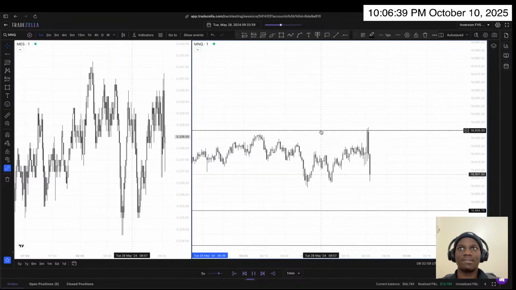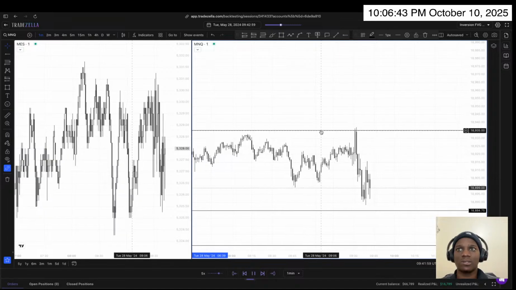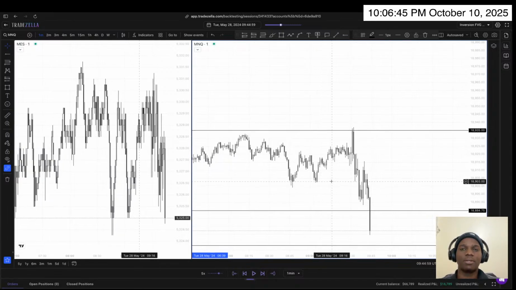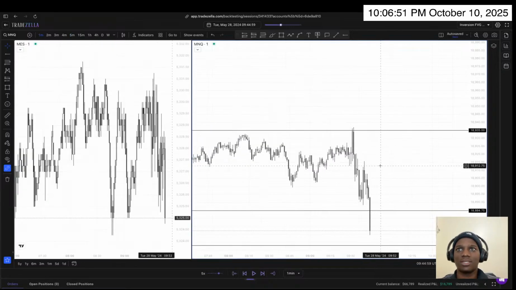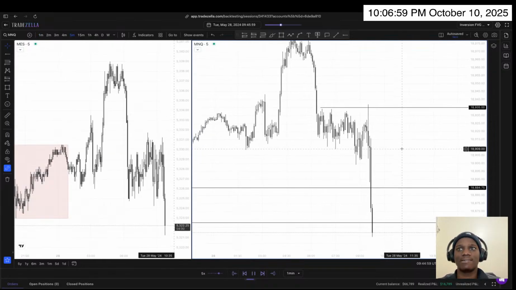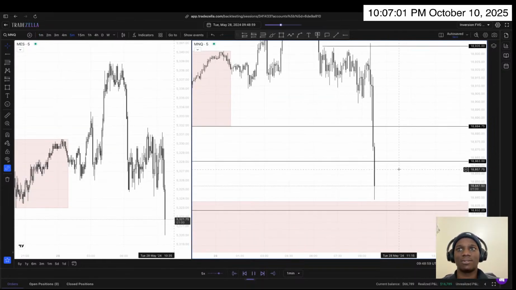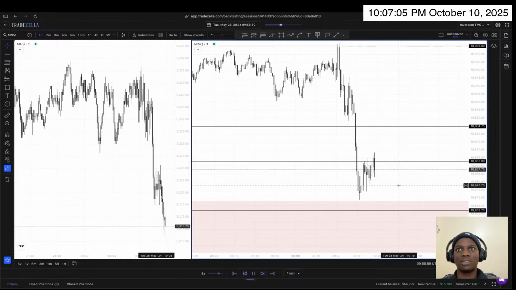Alright, we hit the highs by a few ticks. Alright, now the manipulation is in. First these highs get run, then price starts dropping at 933 right there. If we get to the 5, you see it will drop to that exact POI, right at the open.